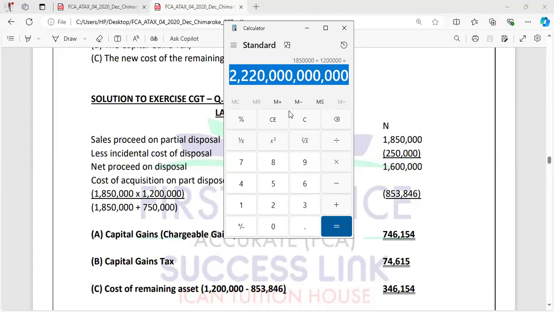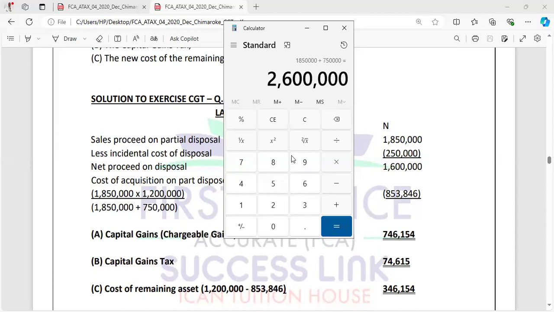Now we'll come here, 1,850,000, which is our A again, plus the part not disposed, which is B, 750,000. That gives us 2,600,000.